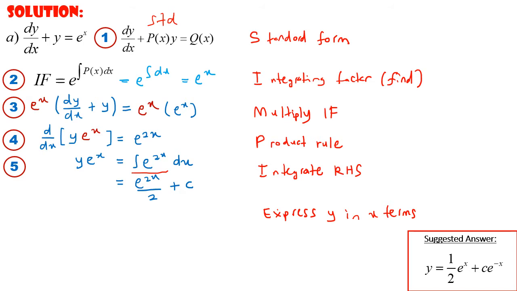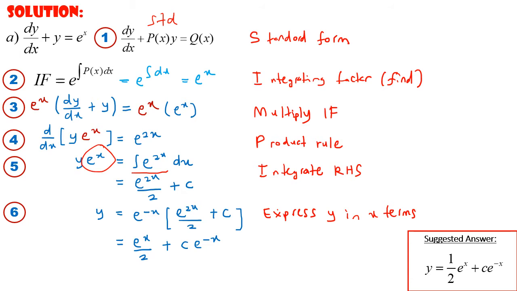Okay, so lastly, in step number 6, express y in terms of x. So remember what is meant by that? Yes, we will bring the integrating factor and divide on the right hand side. Since it is an exponent, there is no need to put 1 over, so just put a negative power.